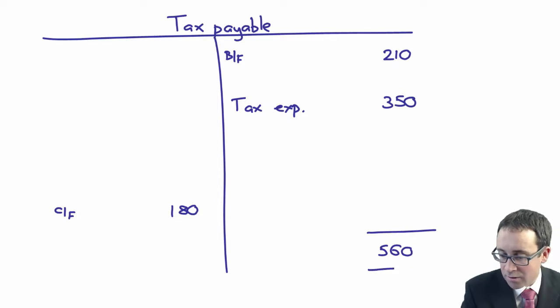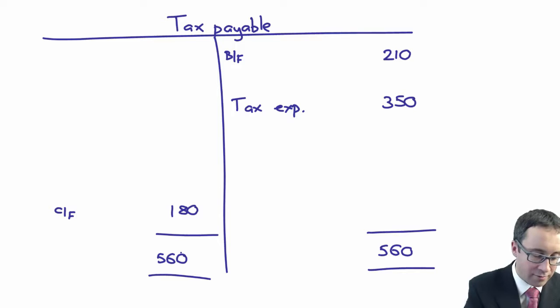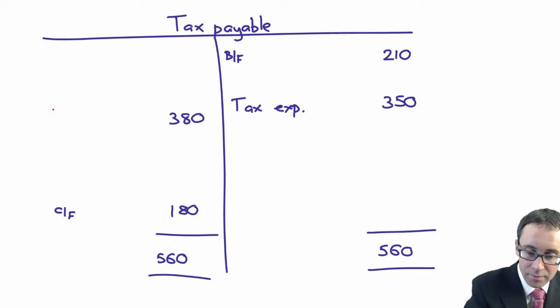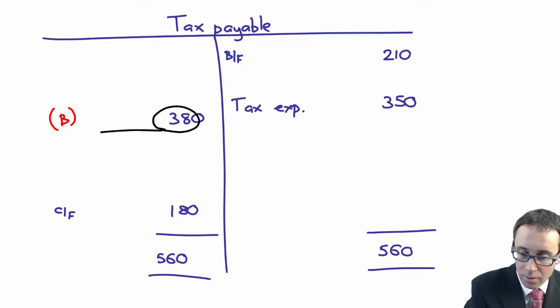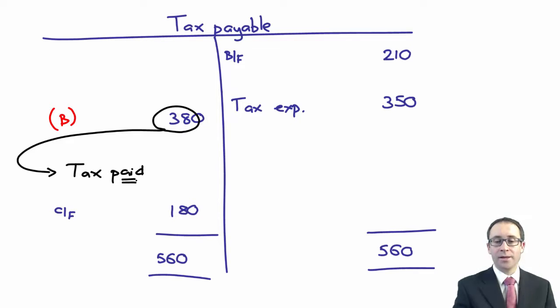Add it up both sides: it's 560 right, 560 left. Then your balancing figure is 380, and that is your tax paid figure. 380. There we go. Excellent.